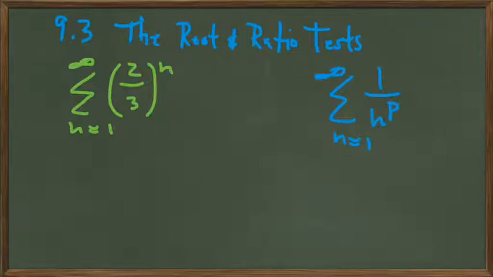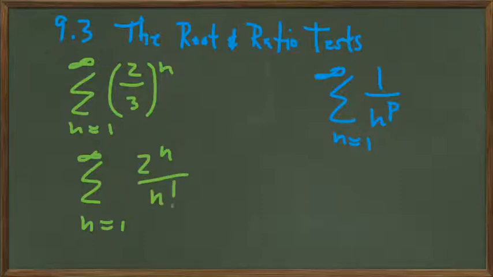So we need an alternate way to do this, and we also could have infinite series of this type, n equals 1 to infinity of 2^n over n factorial. And there again, the integral test or limit comparison tests aren't going to help us out.